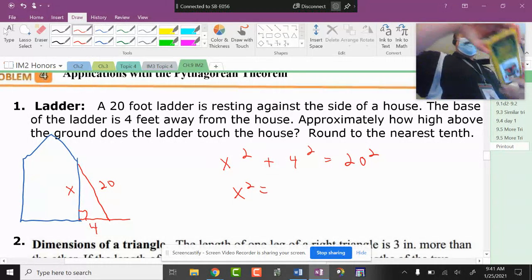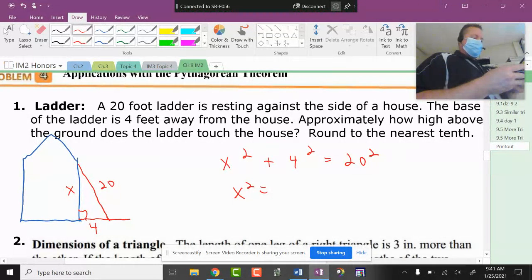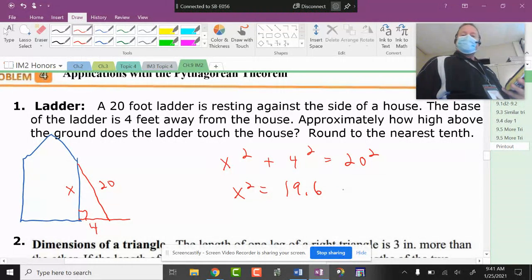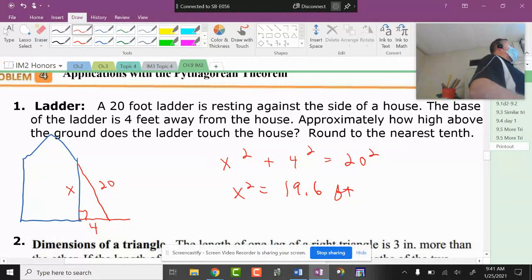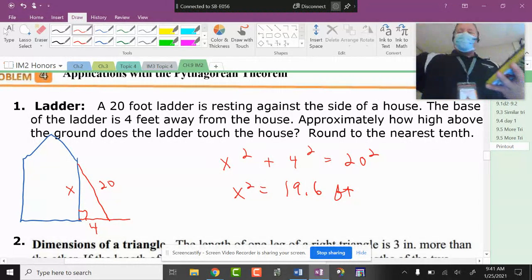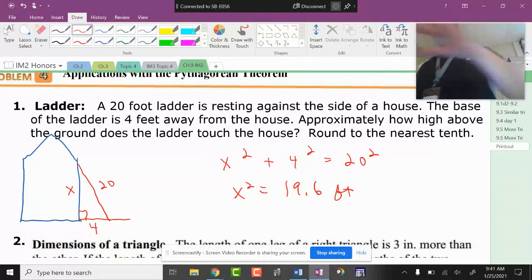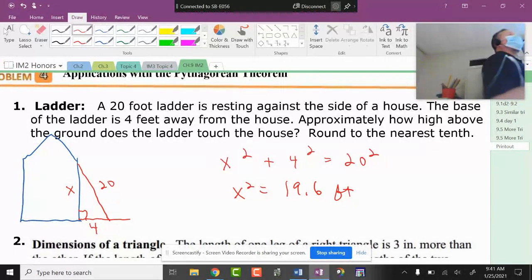So on my calculator, I just type 20 squared minus 4 squared, 384, and then I square root that and get the decimal 19.59, which is 19.6 feet up the house. So a silly little word problem, but that's the idea of making sure you can make a drawing and go from there.